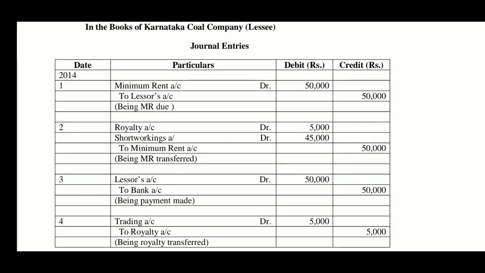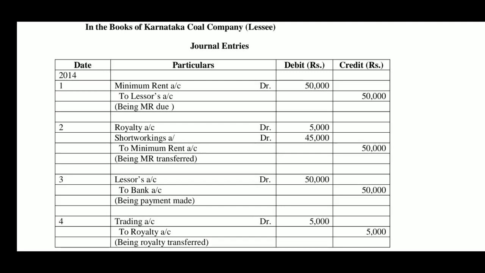Now, we have to pass journal entries for the first year, second year, third year, fourth year and fifth year, depending upon the transactions in the relevant year. See the first year. Here, as already said in the first part, there are short workings in 2014 and 2015.